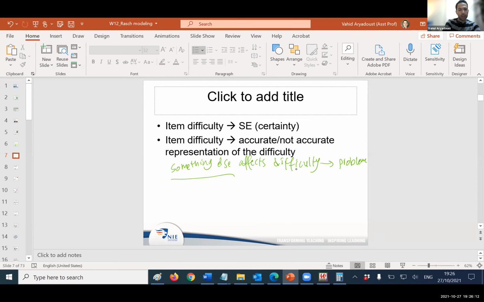If you recall, we had sources of construct-irrelevant variance. If you don't remember this, I just want to simplify it for you. Anything else includes things like typos in the test items. Sometimes students cheat.